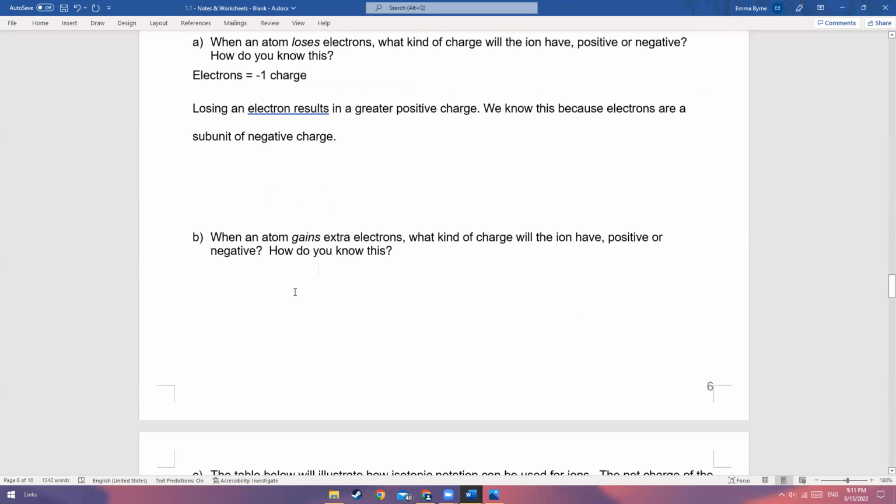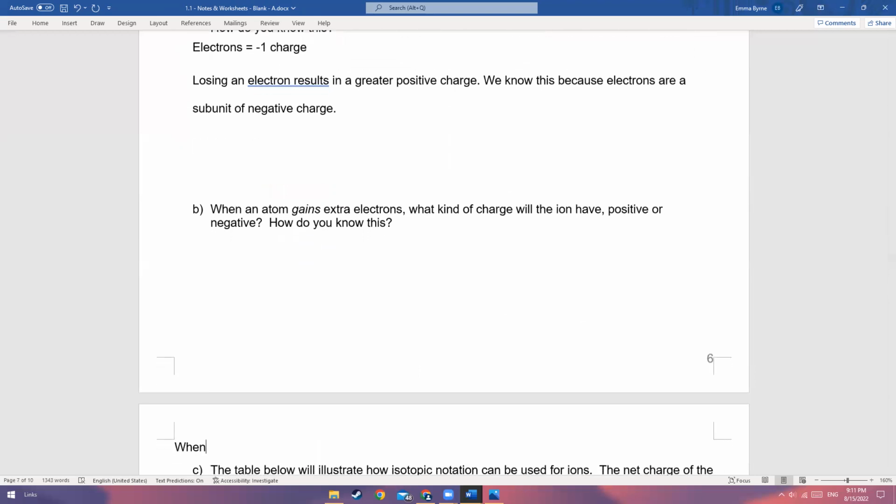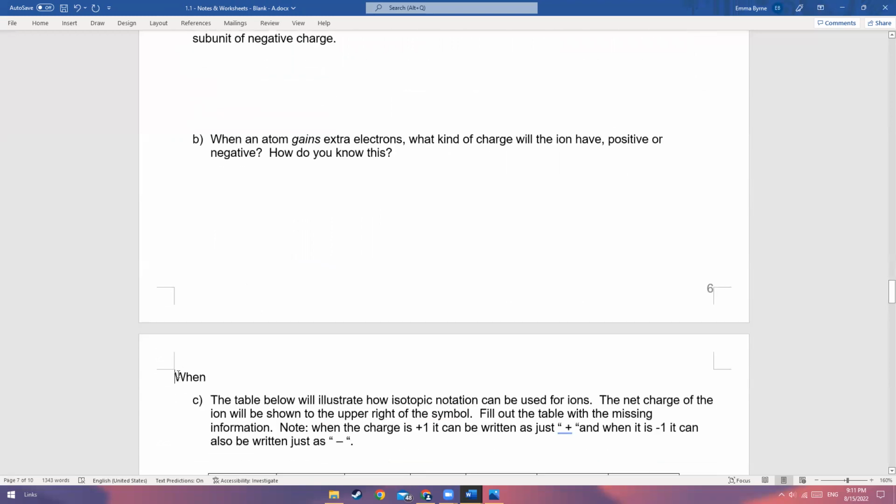Now for B, when an atom gains electrons, what kind of charge will the ion have, positive or negative? So if you are in debt and you take on more loans and you accumulate more debt, are you more negative or more positive? More negative, right?